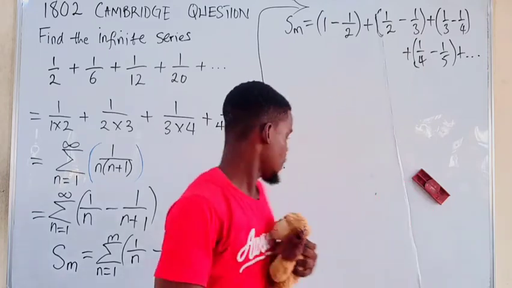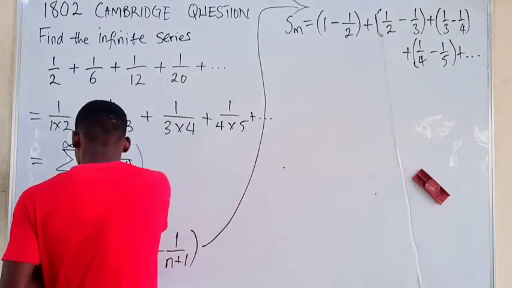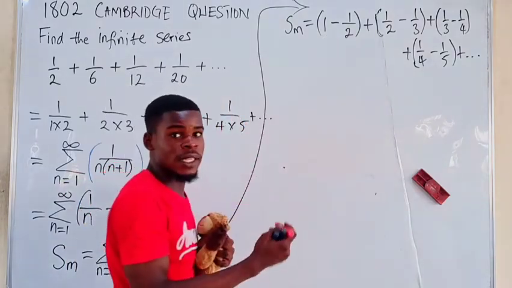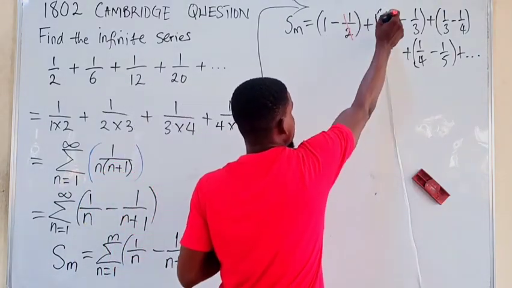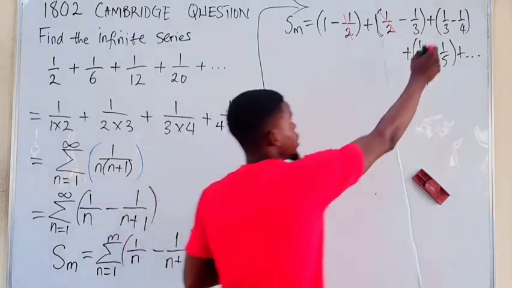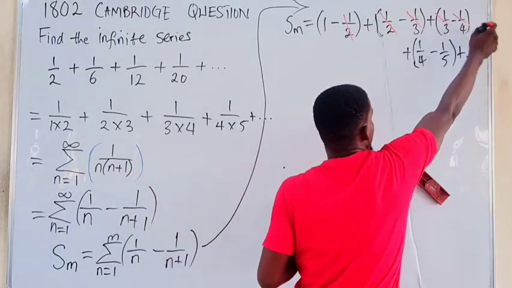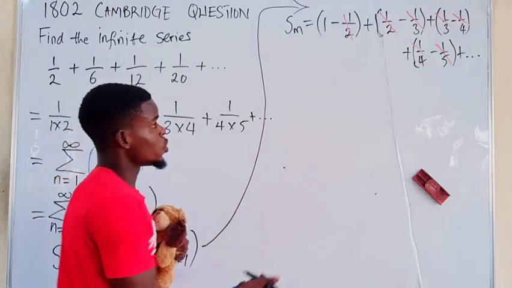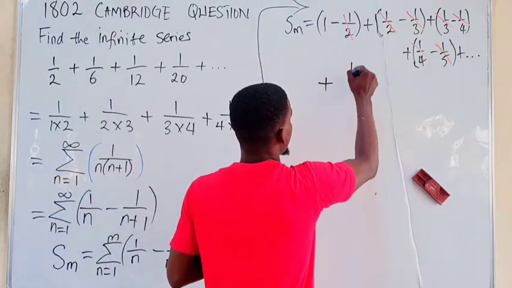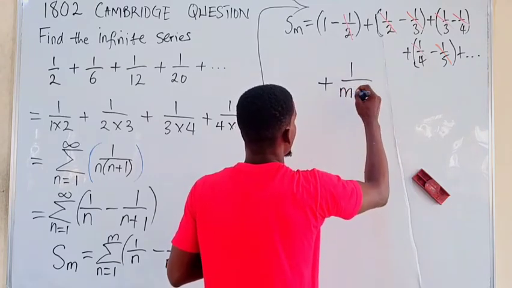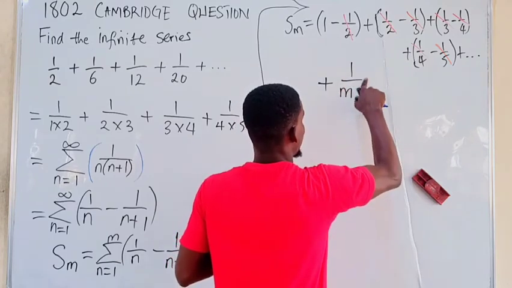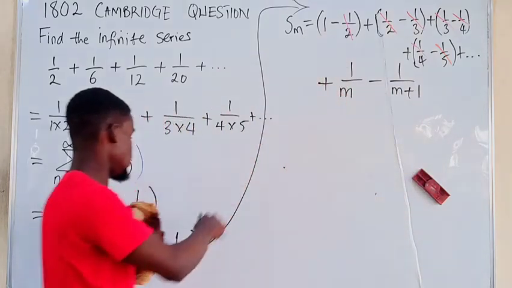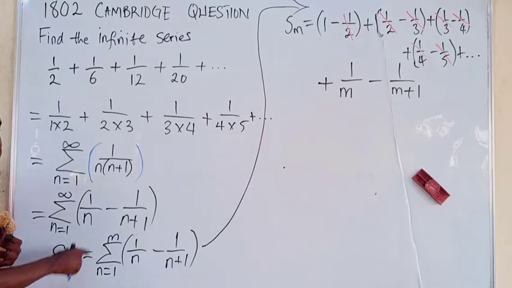And now notice that in that case, some things will cancel out. Notice this is 1, it will just be there. The next term is that this minus 1/2 and this positive 1/2 will cancel out. The negative 1/3 and the positive 1/3 will cancel out, the negative 1/4 and the positive 1/4, and that is how it will keep going on until we get to 1 over m minus 1 over m plus 1, which is the last term here, when n becomes m.